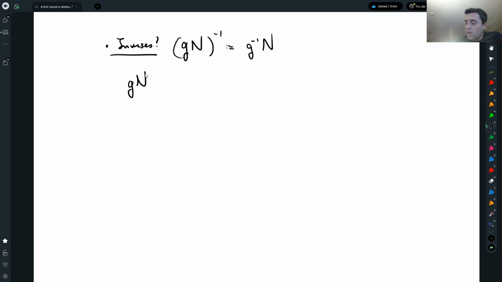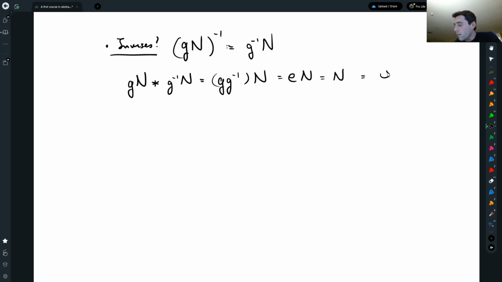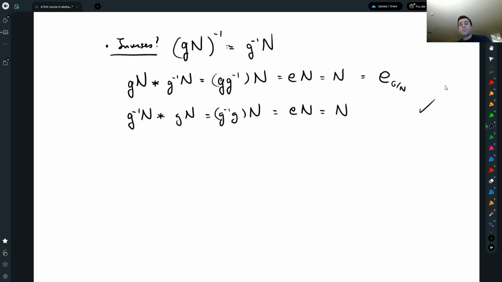If I multiply gN times g inverse N, then what I get is g g inverse N, which is eN, the identity I defined, which I checked is an identity element for the quotient group. And similarly, g inverse N times gN I get g inverse g times N, which is identity times N, which is N, which is identity. So it is a group.